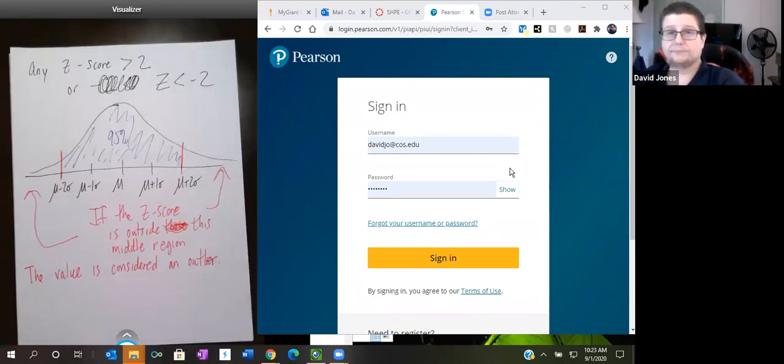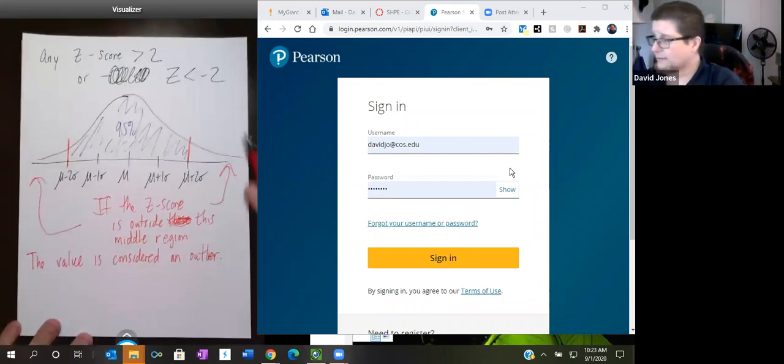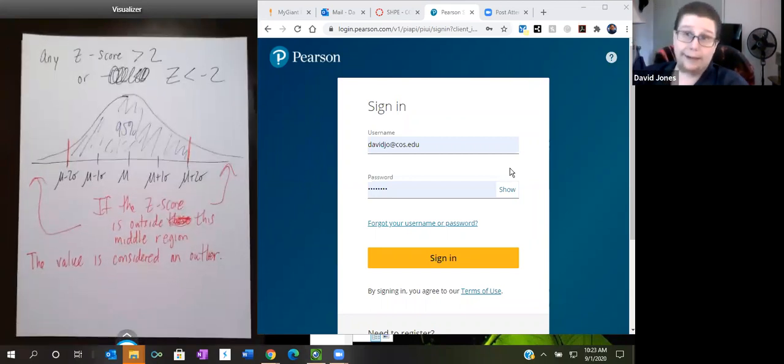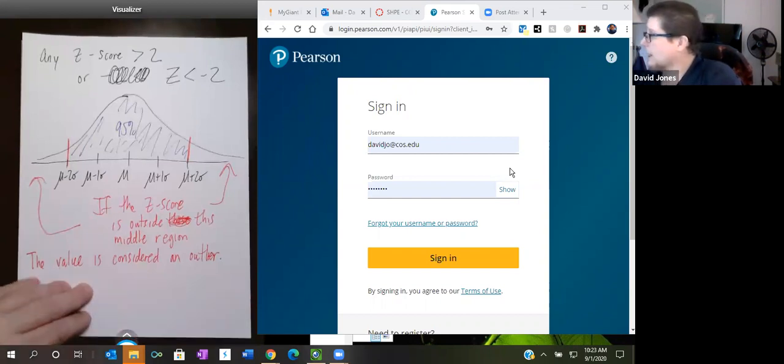The value is considered an outlier. Thankfully, I'm not an outlier. Being an outlier means you're in the outside 5%. We'll hit on more of that later.